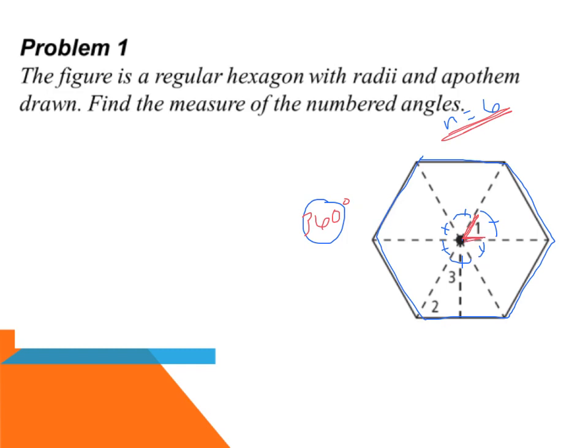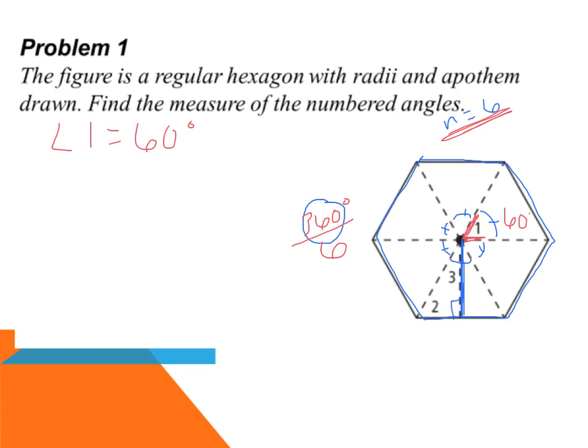So looking for angle 1, I'm going to do 360 divided by 6, because that's how many angles I have, and that would give me 60 degrees. So angle 1 is 60 degrees. Now if I also look at this picture, this right here is my apothem, because it starts at the center and goes straight down to my side.